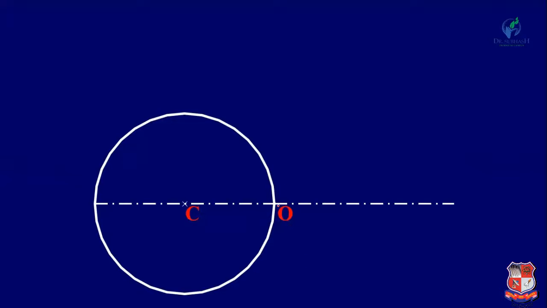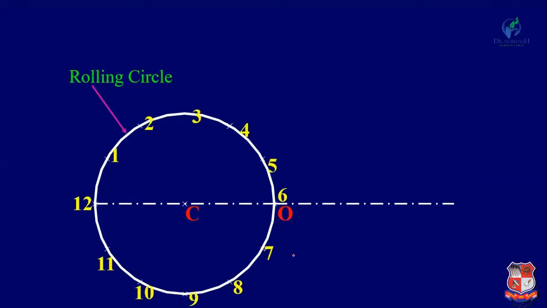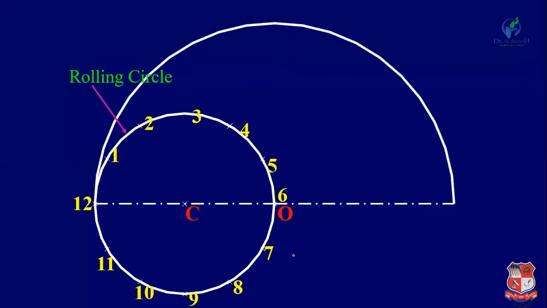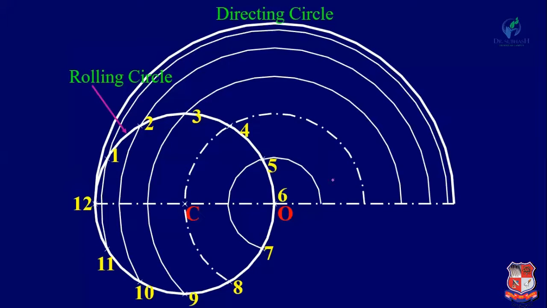Now from O as a center, with radius equal to the diameter of the rolling circle, divide this circle into 12 divisions and draw the directing circle. Similarly, draw different circles passing through the different points 1, 2, 3 up to 12, and here you will get the centers C1 to C12.